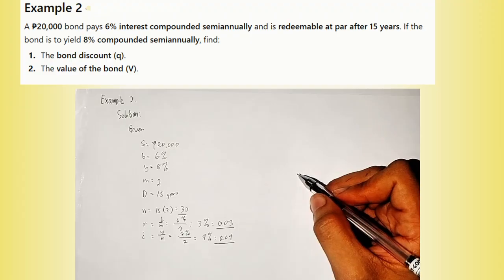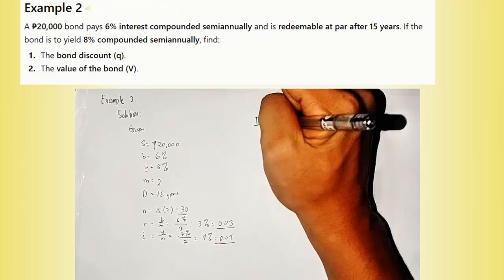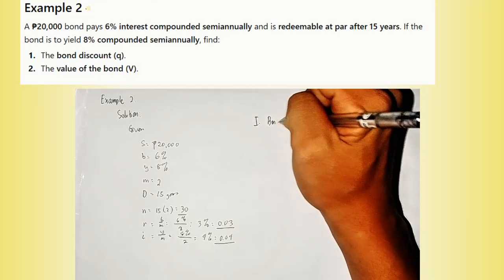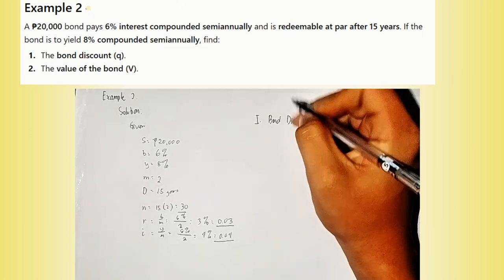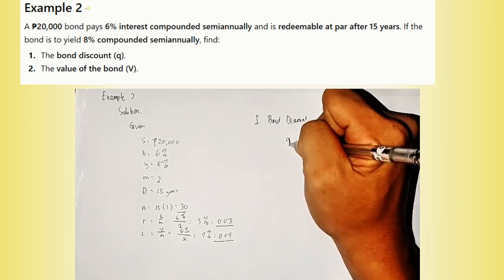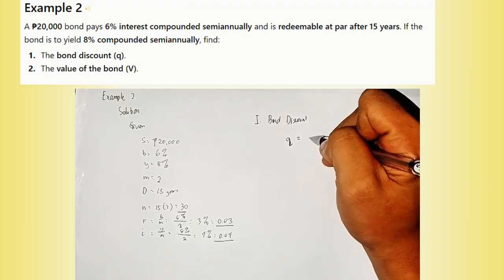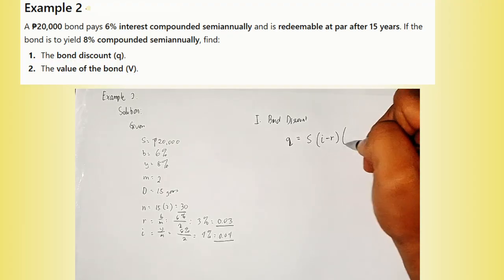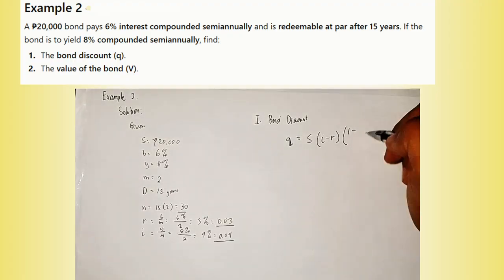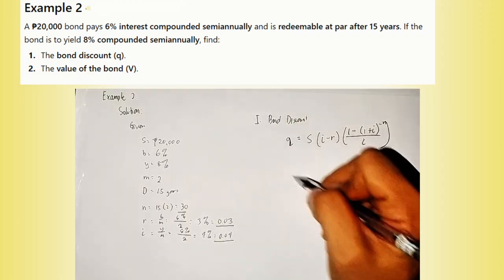Now let's substitute into our formula of the bond discount, since we will find the bond discount. Q is equal to S times I minus R, times 1 minus (1 plus I) to the power of negative N, over I. Now let's substitute.